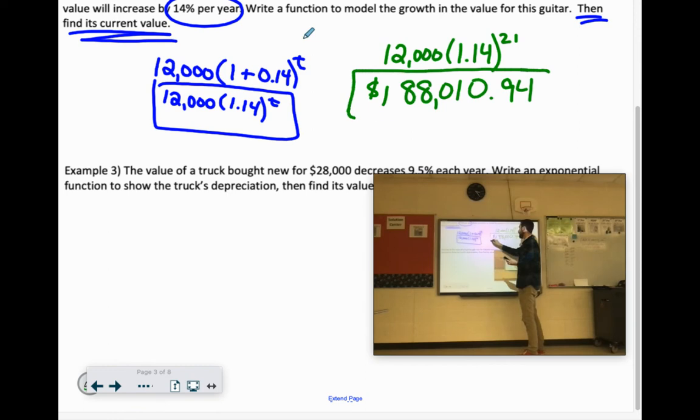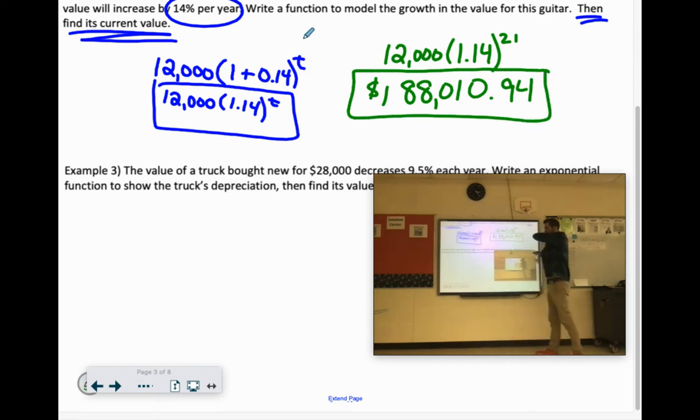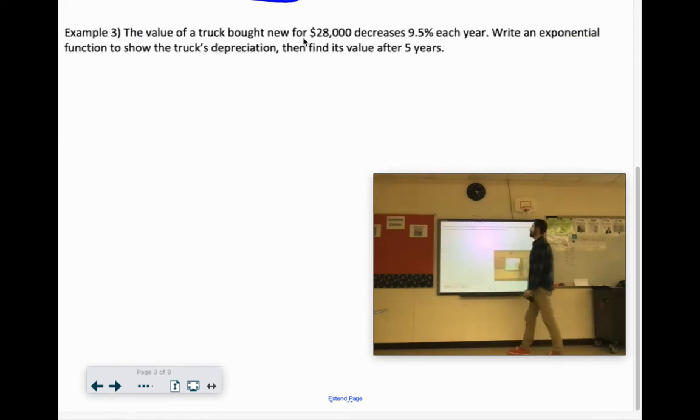Wow. Now, I was giving Tony beef earlier about spending 12 grand on a Les Paul, but it's quite an investment. Now it's worth 188 grand. Holy smokes.